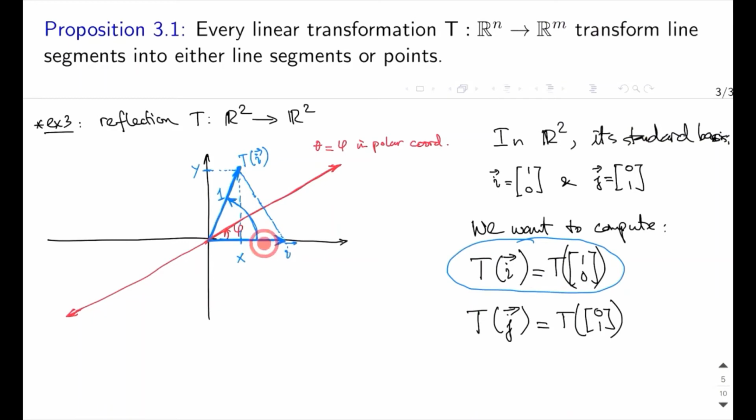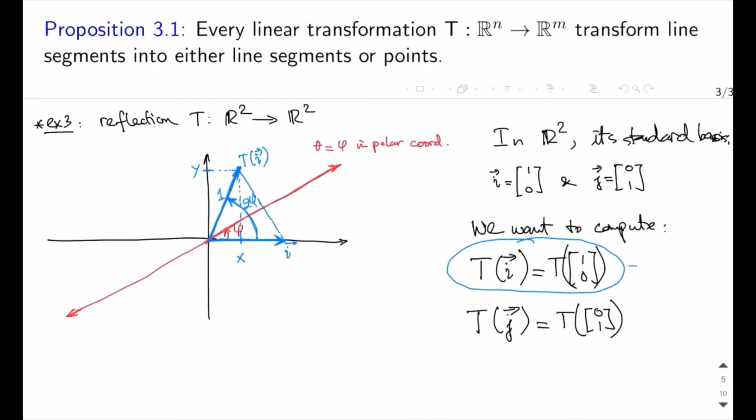All right, so what is the angle here? Because you start from here and you reflect it, the angle from the horizontal axis to the red line will be the same as the angle from the red line to the resulting vector. So you have gone phi, and then you have gone another phi. So this should be twice as large as phi, 2 phi.